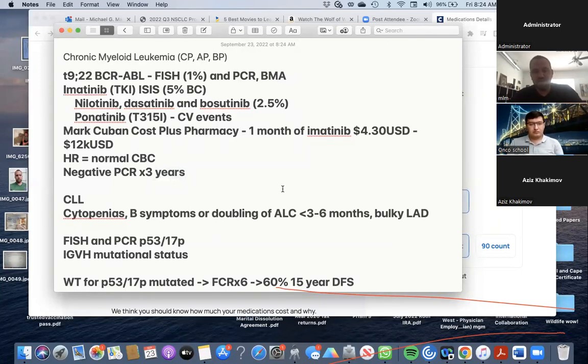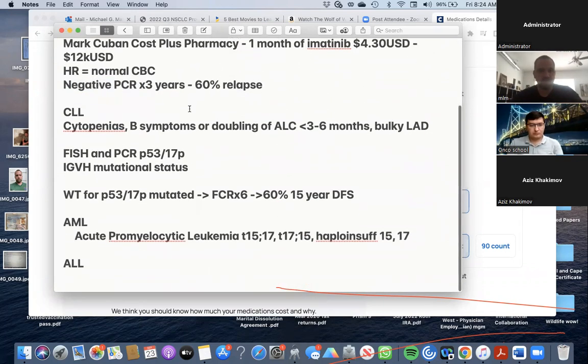In those patients, you can consider stopping therapy for CML, though keeping in mind 60% of them will relapse. So you're not curing people typically with CML, even if you can find no evidence of disease in them, even molecularly. But if you're not able to do PCRs every 3 months, any kind of treatment stoppage for CML is not reasonable. You should keep them on drug for the rest of their life.